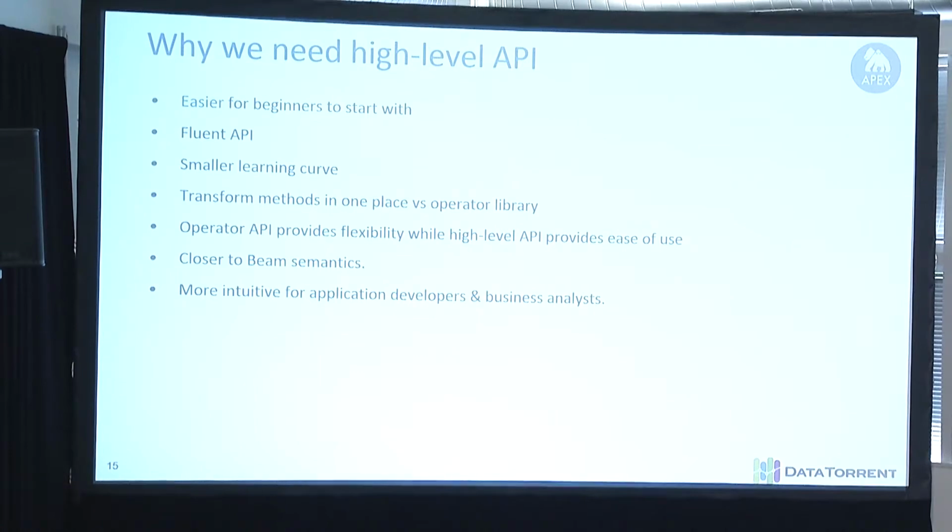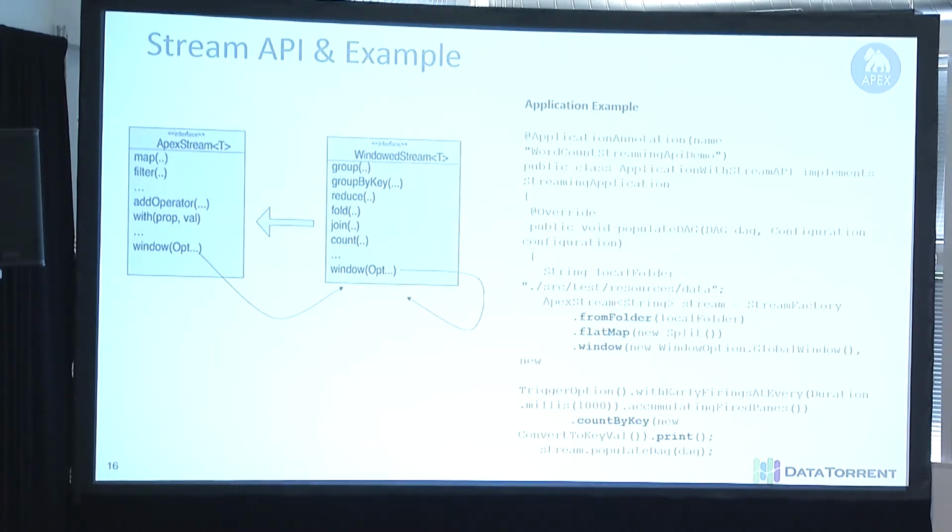While the high-level API has its advantages and motivations, the compositional operator API provides flexibility in addition to the ease of use that the high-level API gives. It's also closer to the Beam semantics, and it's more intuitive for application developers and business analysts to work with.